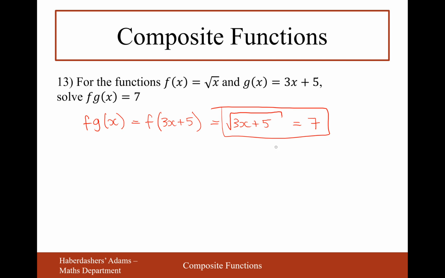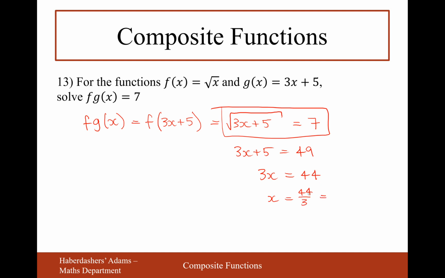First thing I think I'll do is square both sides to get rid of this big square root. So 3x plus 5 equals 7 squared, which is 49. Take away the 5 from both sides and you'll be left with 44. And then 44 divided by 3, well, that's going to be a very difficult calculation.